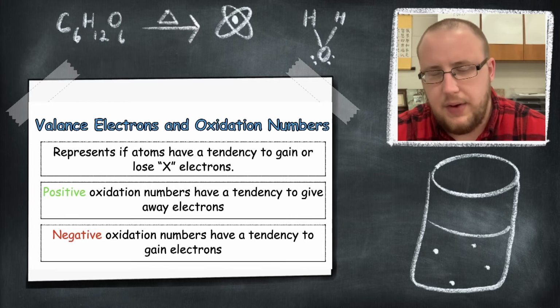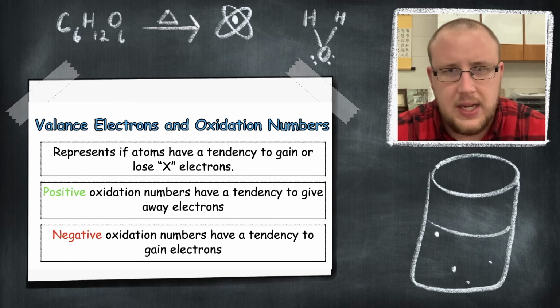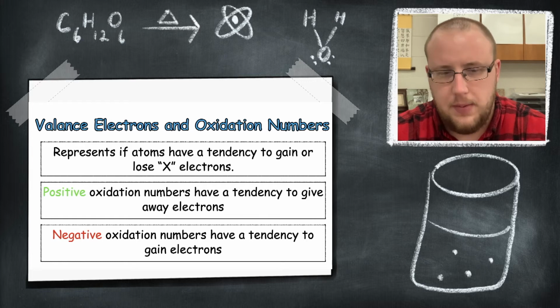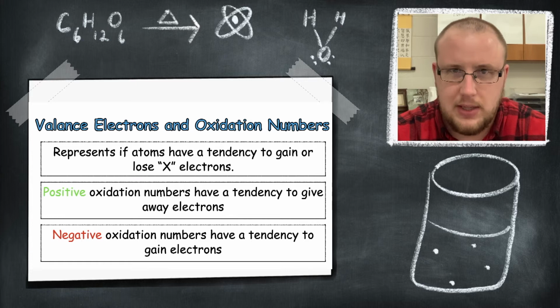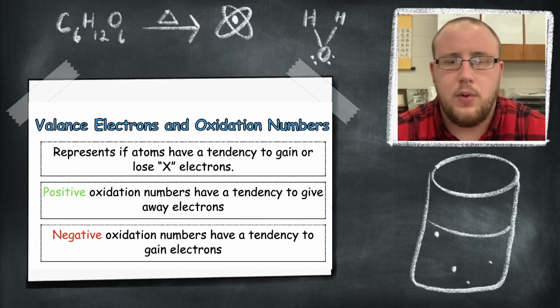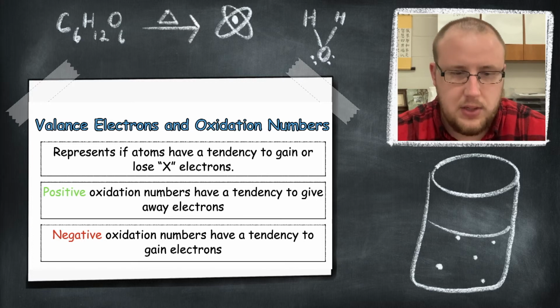If I have a negative oxidation number, it's just the opposite. I'm more likely to gain electrons as opposed to give them away. So the oxidation number shows the tendency to gain or lose electrons. If it's positive, the element is willing to give away electrons. If it's negative, it takes on electrons.